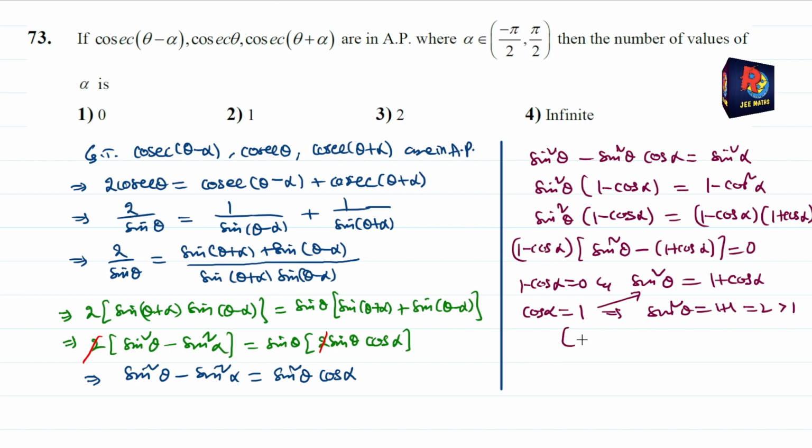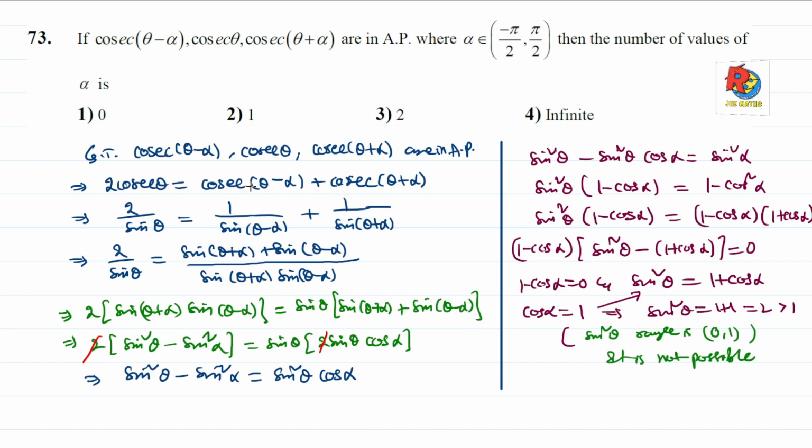The range of sin square theta is 0 to 1, so that is exceeded, so it is not possible. So the sine value is also not possible.